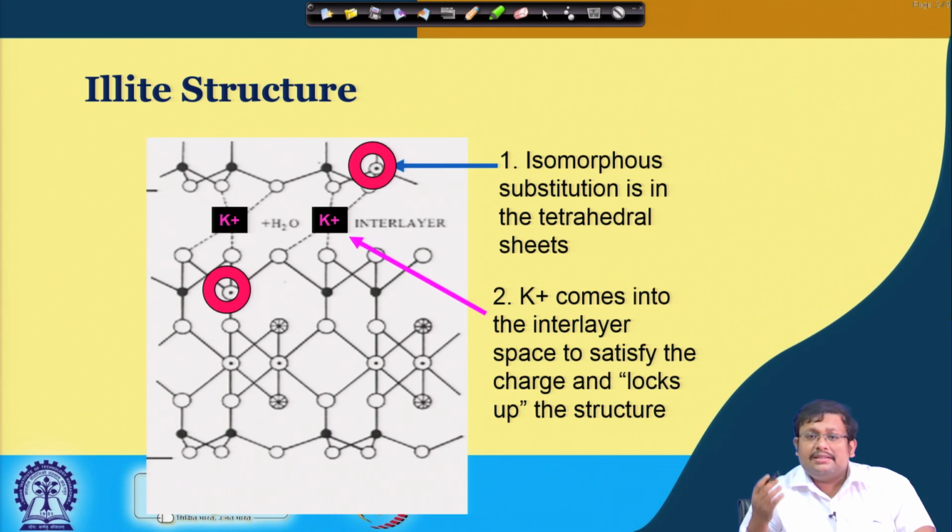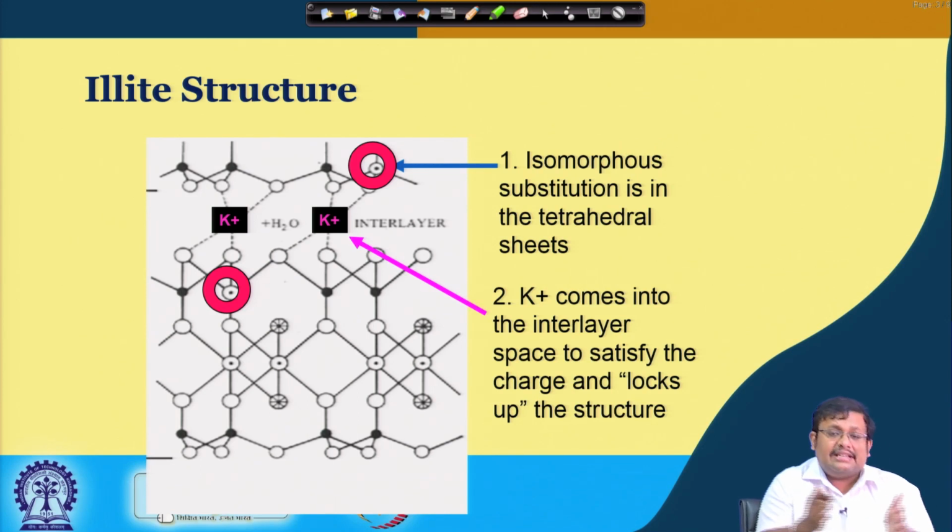Now, one of the basic features of this illite structure is that the isomorphous substitution always occurs in the tetrahedral sheet. And as a result of this isomorphous substitution in the tetrahedral sheet, the K plus or potassium ion comes into the interlayer space to satisfy the charge.